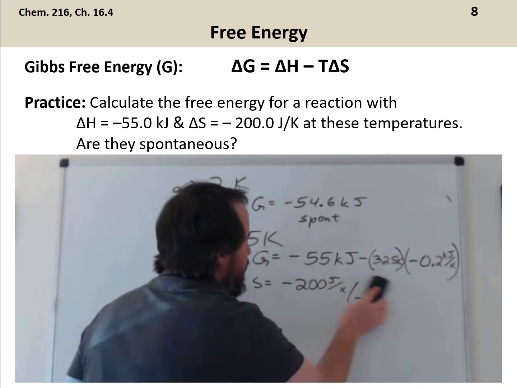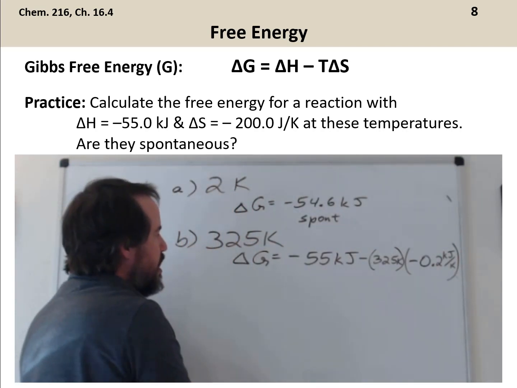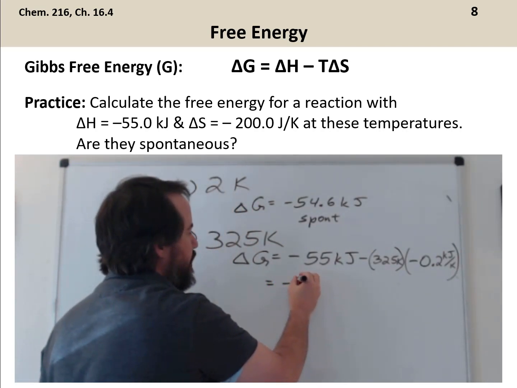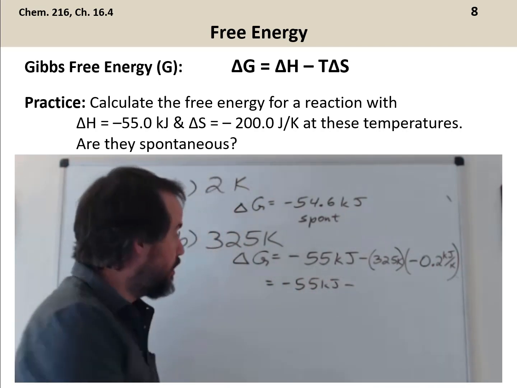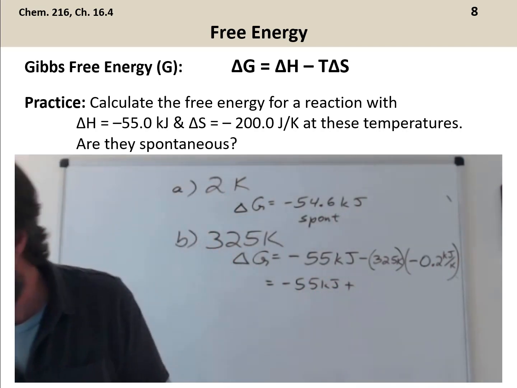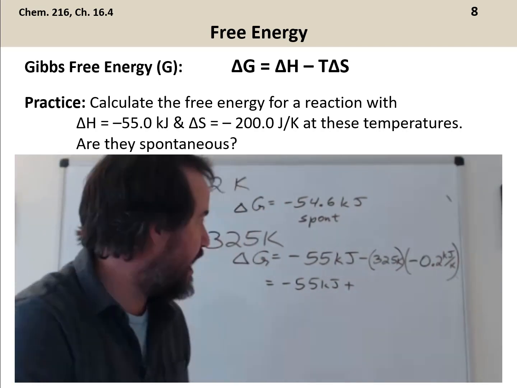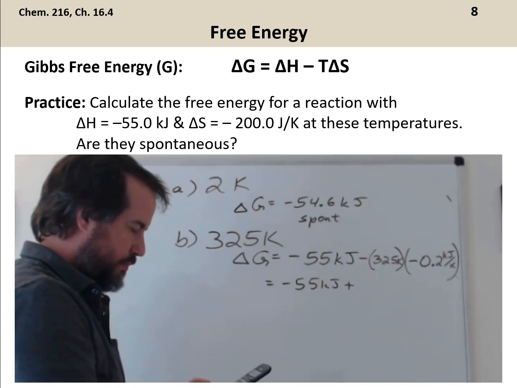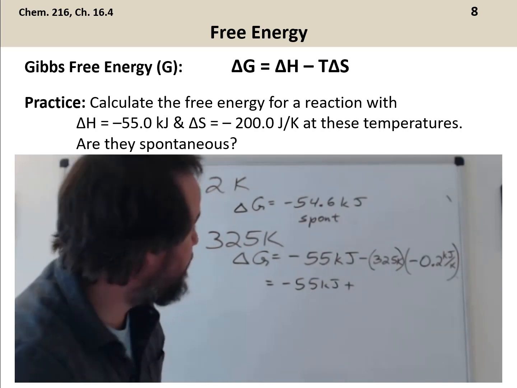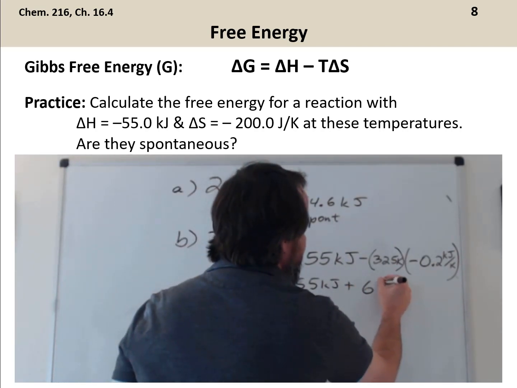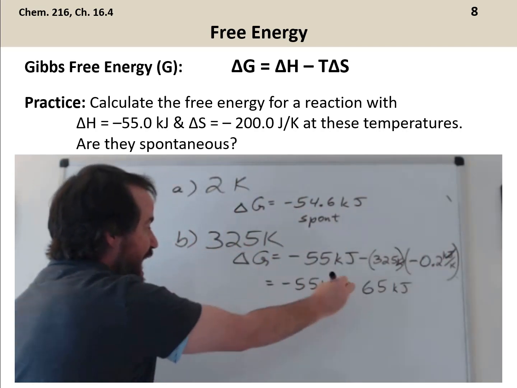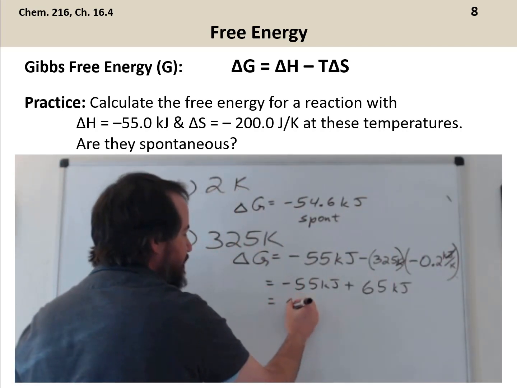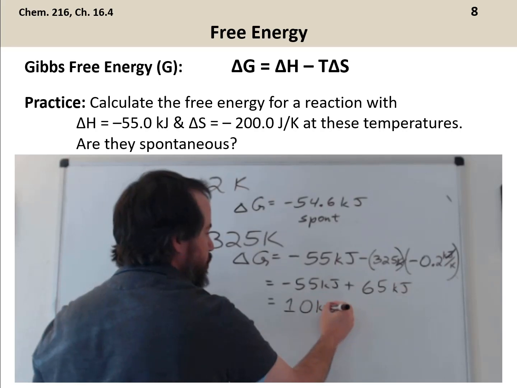I showed you how to do that, so let's go ahead. This becomes delta G equals negative 55 kilojoules minus, right, this will become plus because it's that. It's going to get me 65 kilojoules, because notice I already did that conversion, and now this is positive 10 kilojoules.